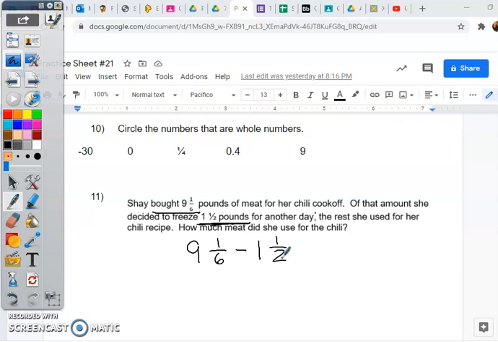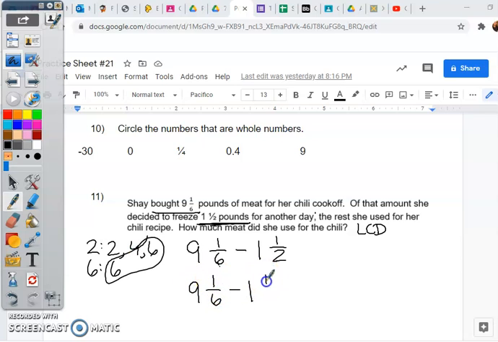Okay? So remember when we're doing adding and subtracting fractions, we need the same size pieces. So we need a least common denominator. For 6 and 2, if you don't know it, just make your list. 2, 4, 6. Oh, there it is. You list your multiples. 9 1/6 minus 1 1/2.